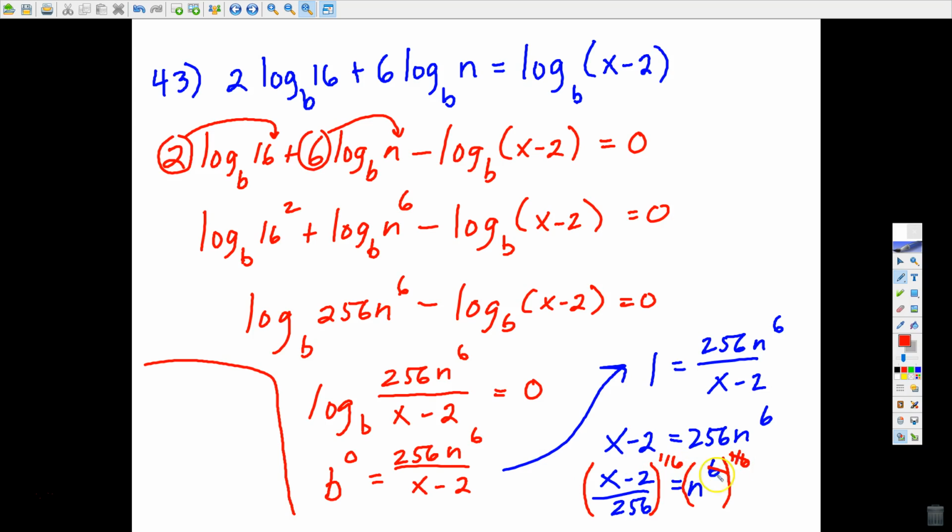This makes n to the first. So n is this fraction, x minus 2 over 256, raised to the 1/6 power, which is another way of saying the sixth root of that fraction. Okay, that's a 1/6. All right, we got our answer for 43.